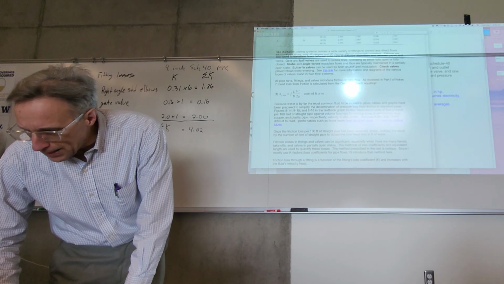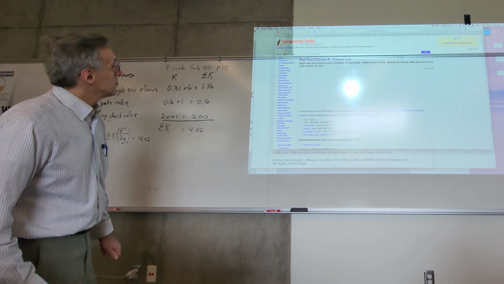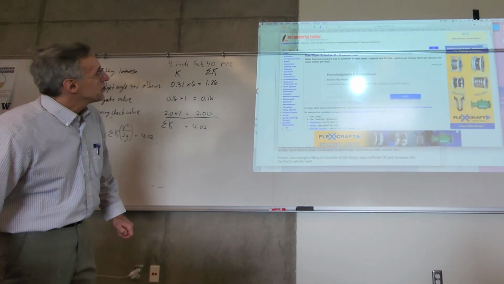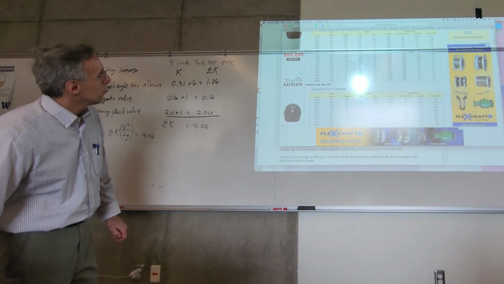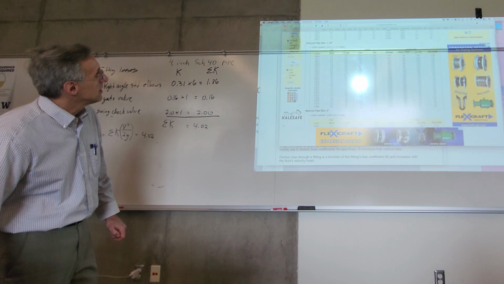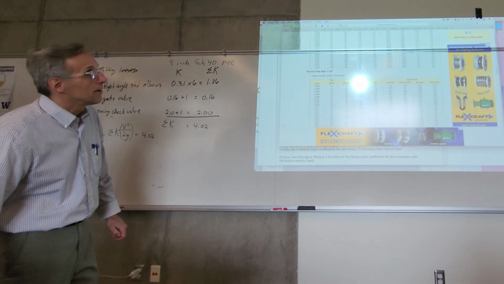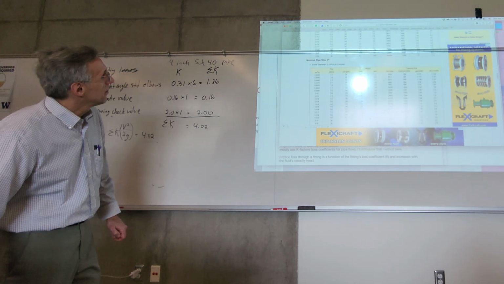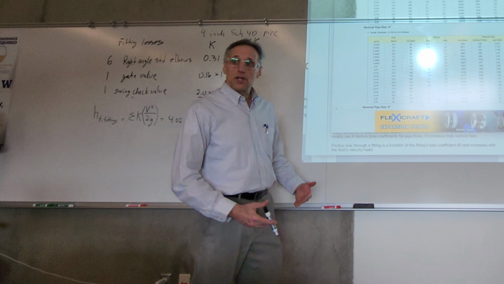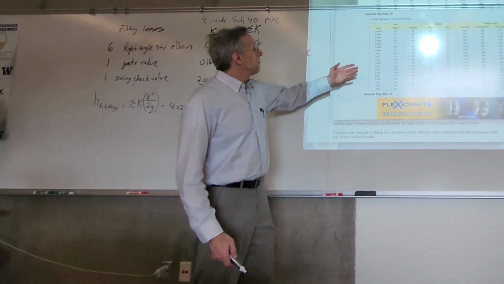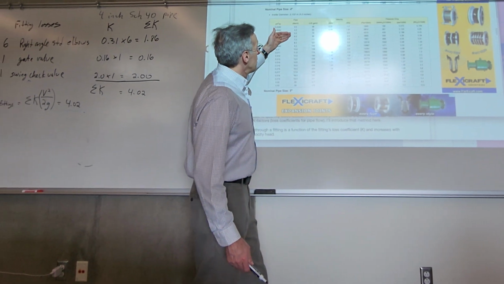So here's steel pipe, schedule 40, and I go to my nominal pipe size, which is 4 inches. Here's 4-inch pipe, and it gives me all the information that I need if I know one of these other parameters.